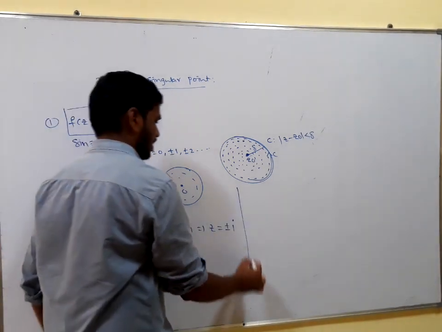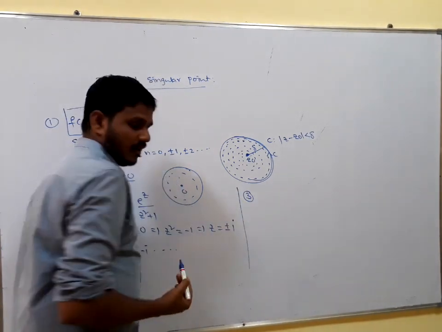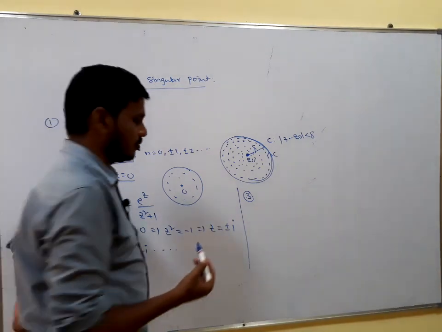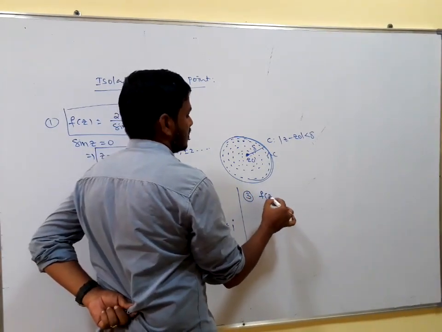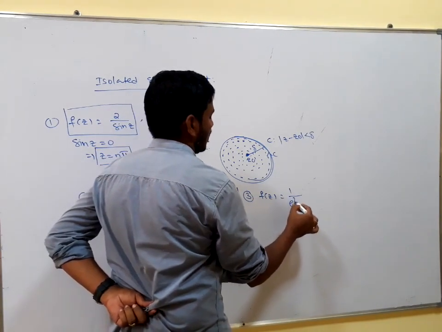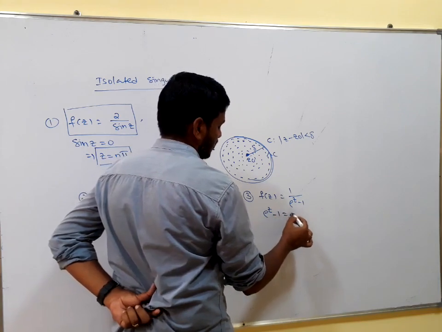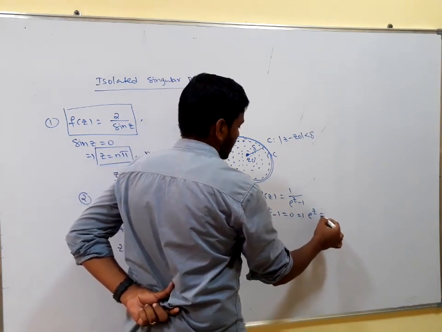Next, we take one more example. f(z) = 1 by (e^z - 1). The singular points are given by e^z - 1 = 0, so e^z = 1.